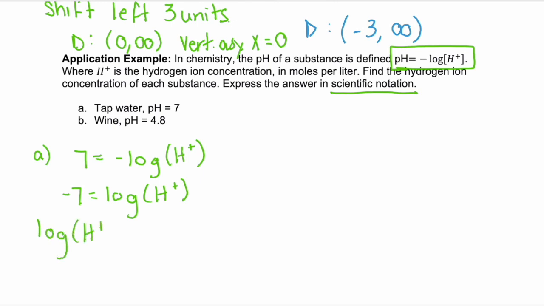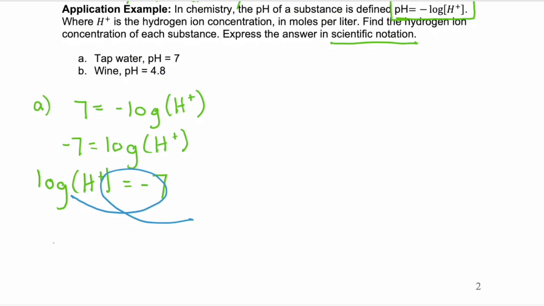Log of H+ equals -7. Remember, we can convert this into exponent form. And if we do that, we get 10, that's our base since there's no base listed, to the -7 equals H+. Well, that's scientific notation, so we're done with A.